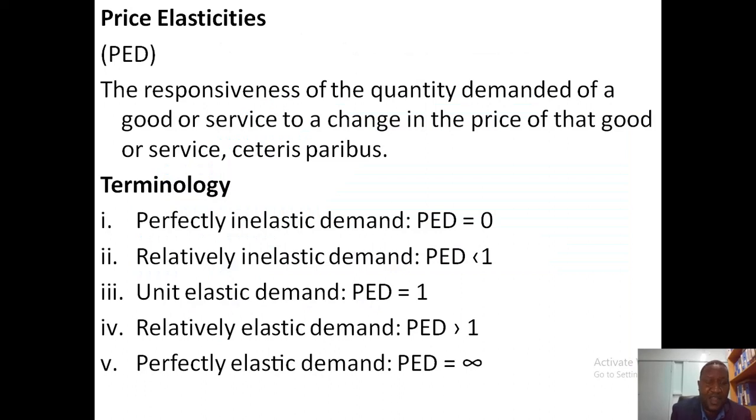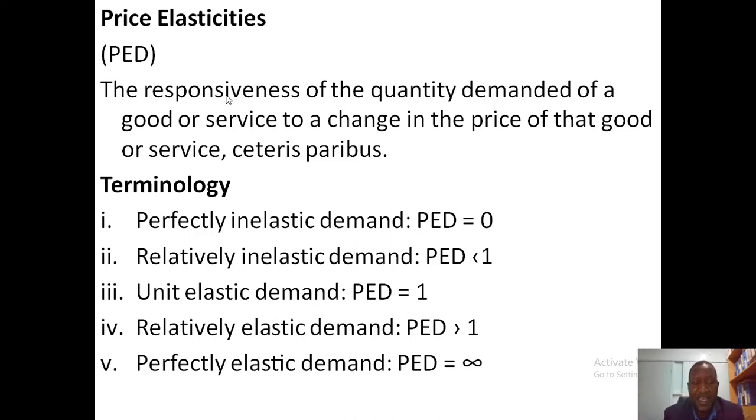So let's start with the price elasticity of demand. In short, the price elasticity of demand can be written as PED. So what is the price elasticity of demand? It is simply the responsiveness of the quantity demanded of a good or service to changes in prices of that good or service, other things remaining equal, or ceteris paribus.